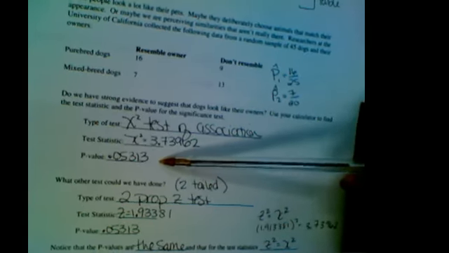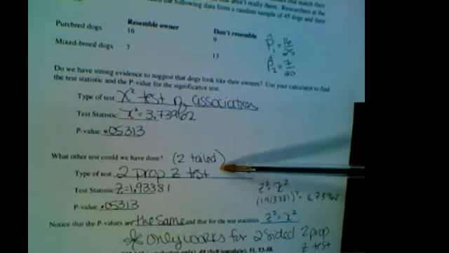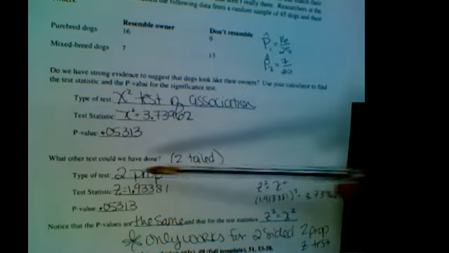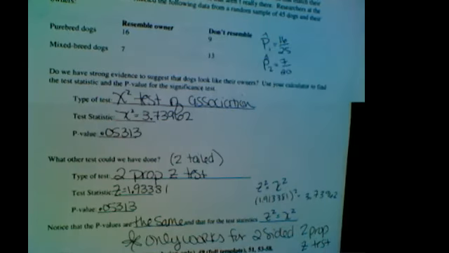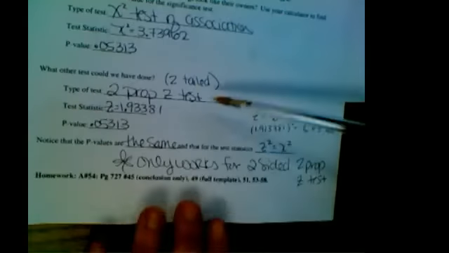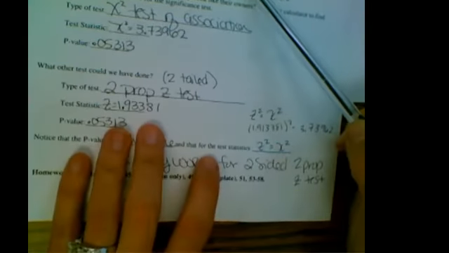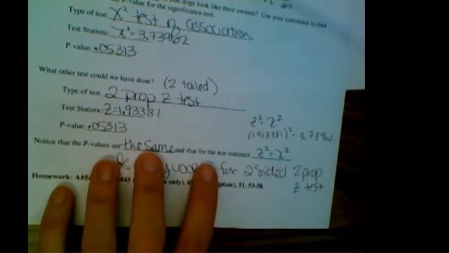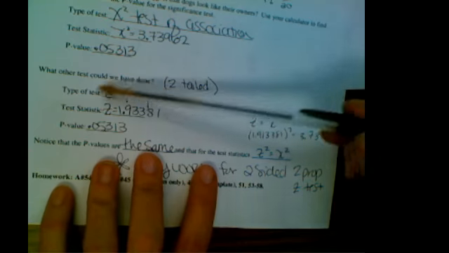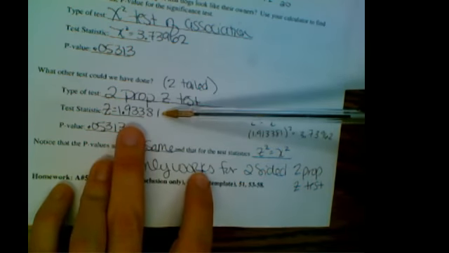My question is, could I have done a two-tailed 2-prop z test? And the answer actually is yes. If I do a two-tailed test for this, because I have 2 different samples, I would get a z of 1.933.